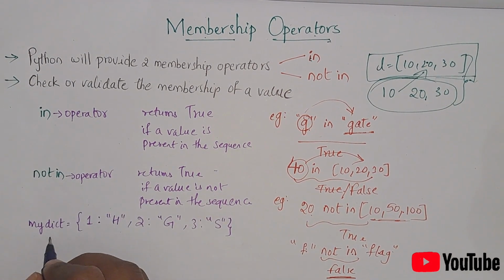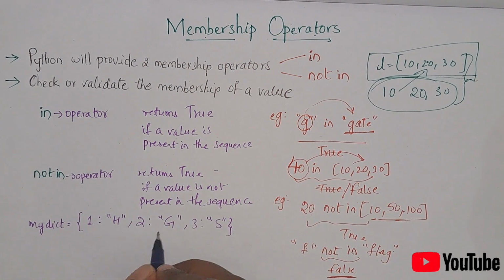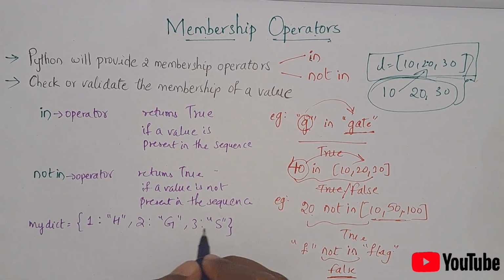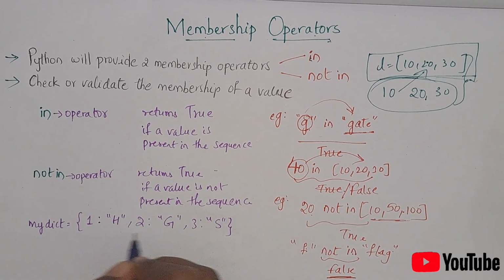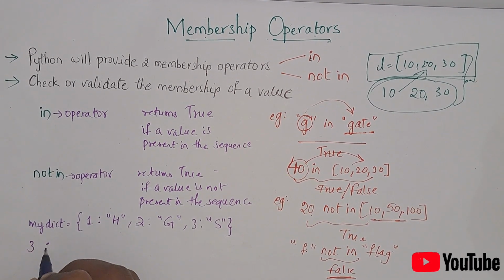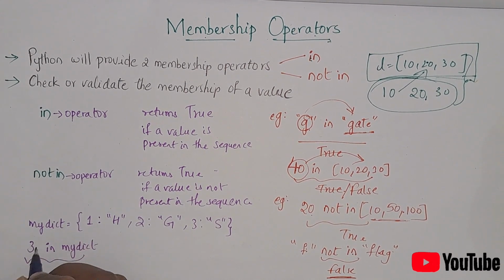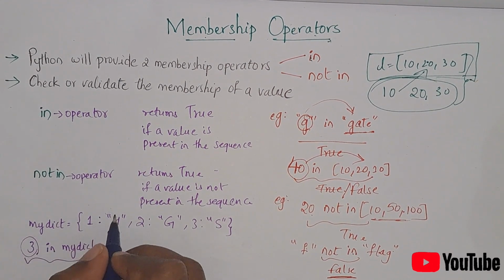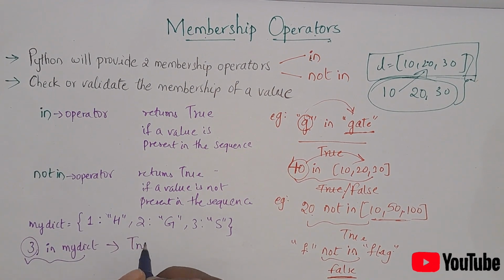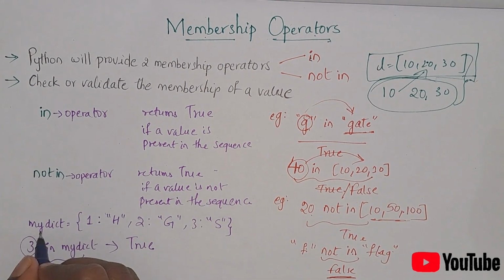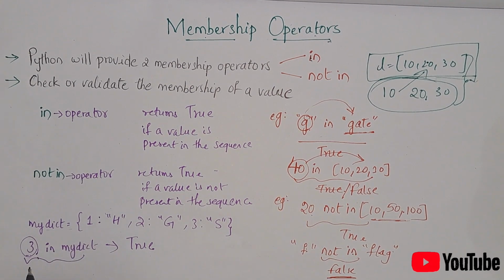Let us consider a dictionary, mydic, and I want to find out whether the key 3 is in this dictionary or not. I write 3 in mydic. It checks whether the key 3 is present, and it returns true because 3 is a key present in mydic.